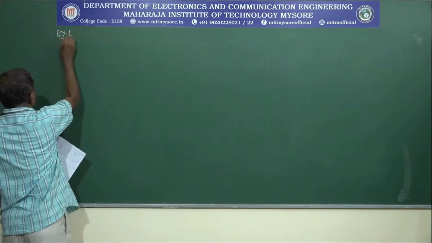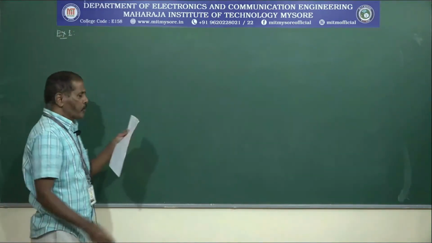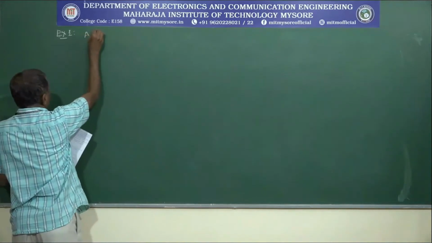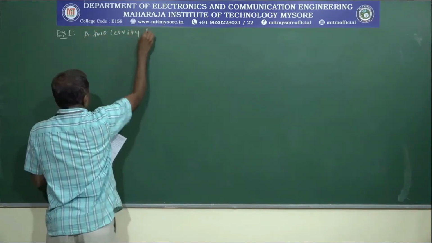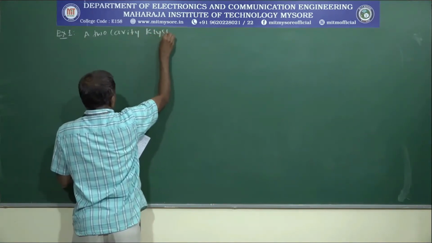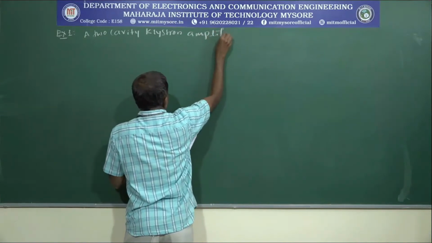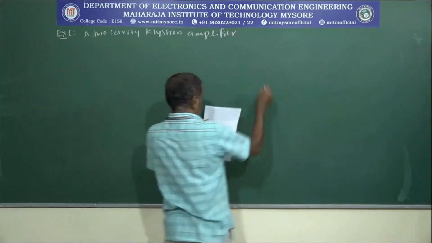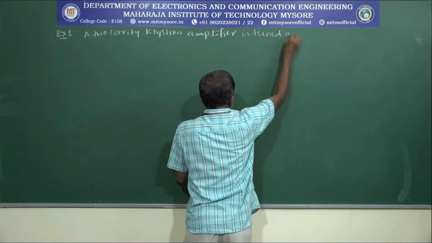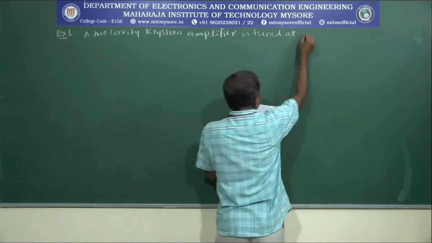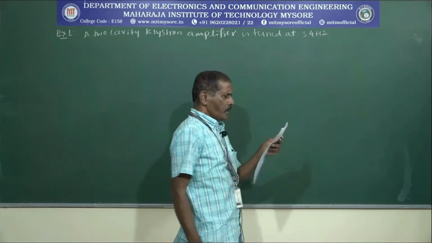Now the first problem, that is example 1. The given problem is a 2-cavity klystron amplifier. A 2-cavity klystron amplifier is tuned at 3 gigahertz.